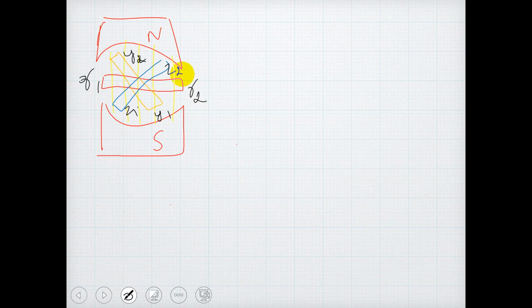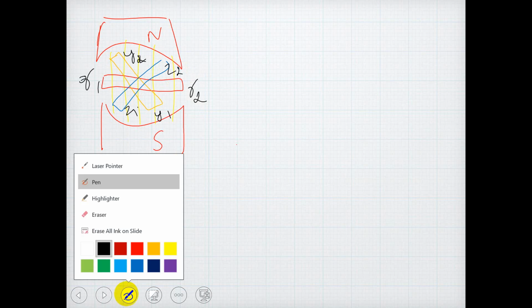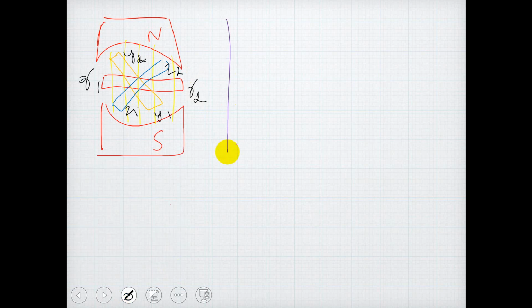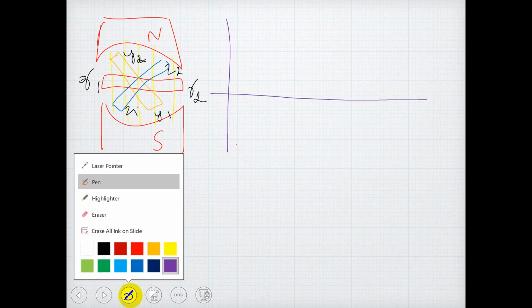So if you observe these conductors, let me use the same colors now to denote this.